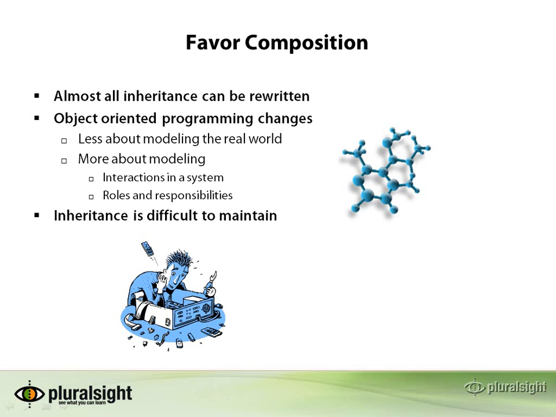And this distinction is really important for one main reason, which is inheritance is really difficult to maintain. A lot of the messy code that we've inherited over the years is because of inheritance itself being used in that code base. I know that I've personally worked in a lot of code where inheritance was overused, and it makes things really difficult because when you make changes to a base class, especially if you have a large inheritance tree, those changes ripple down and they cause breakage in all these subclasses.